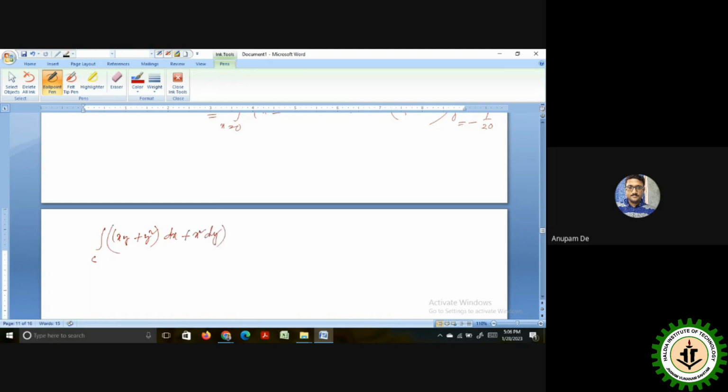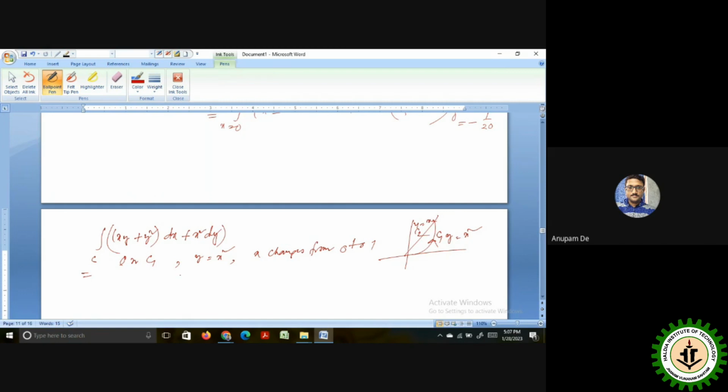If we want to find it with the help of line integration, then you have to first take the line integration over y equal to x square, then y equal to x. Suppose this is the curve C1, this is the curve C2. On C1, y equal to x square and x changes from 0 to 1.